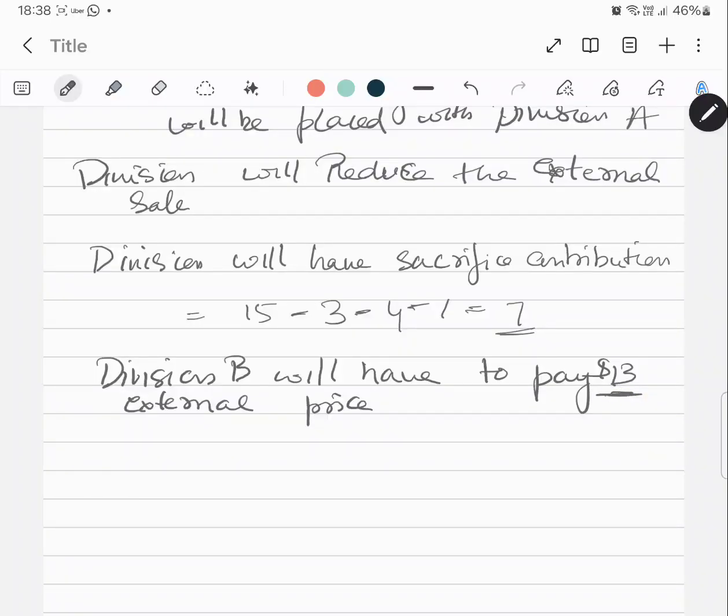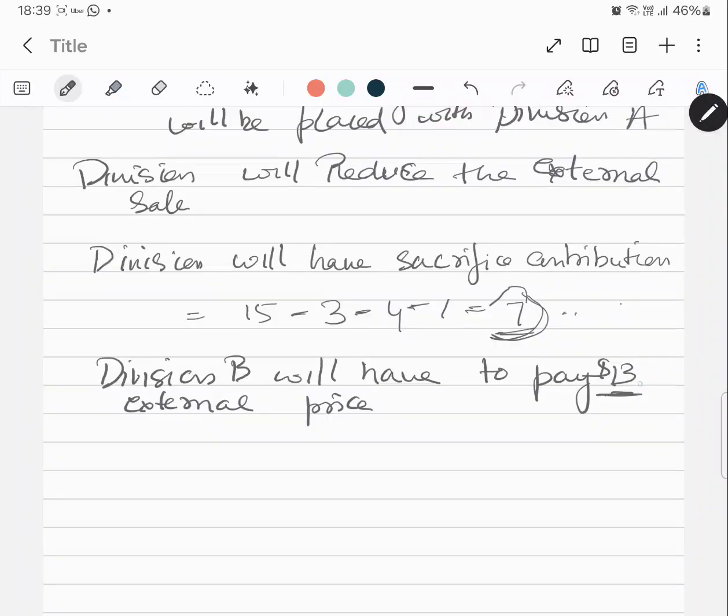Now I can say that this is the minimum cost which will be in case of internal transfer, from the group perspective as well. I can say that this is the minimum cost which division B has to bear in case there has been internal transfer.